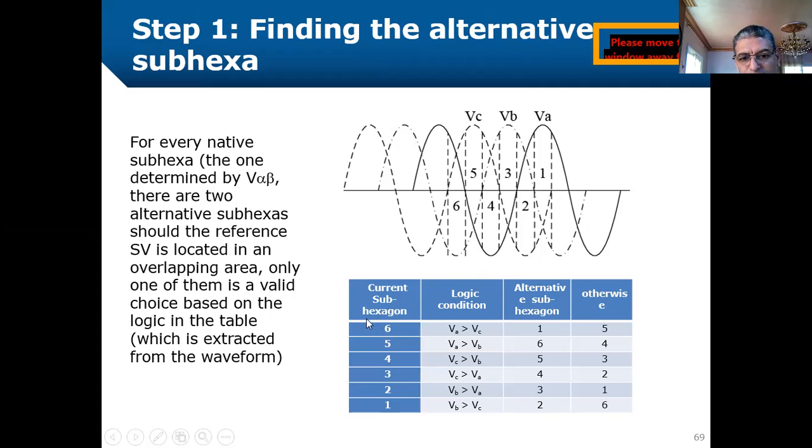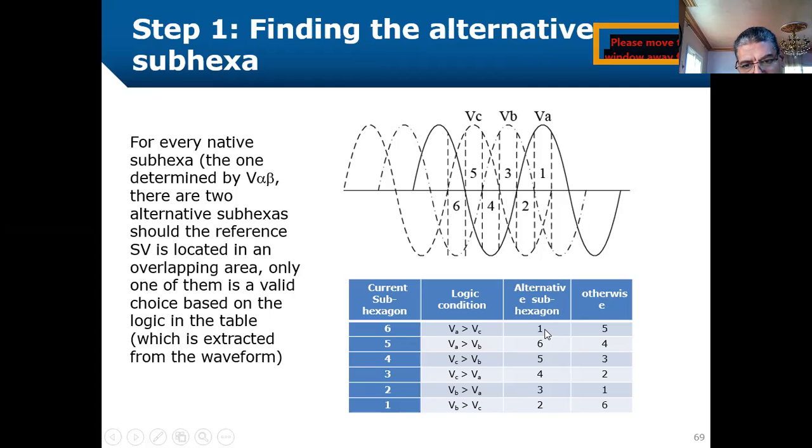Current subhexa. If current subhexa is 6, okay, look, we say that the alternative subhexa is always between adjacent subhexes. So for example, if we are in the current subhexa 6, and VA is greater than VC, then we are in subhexa 1.